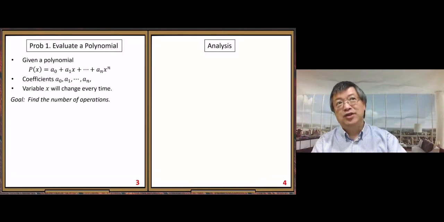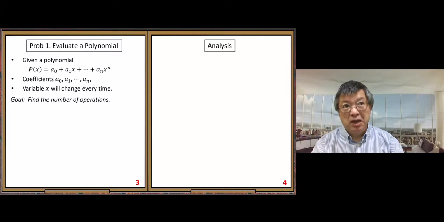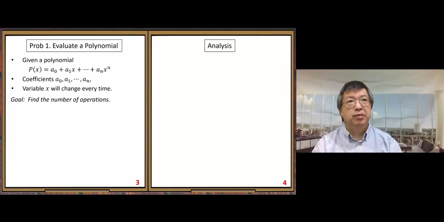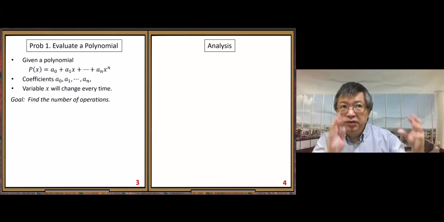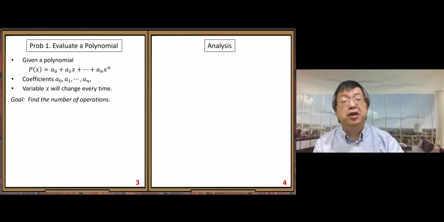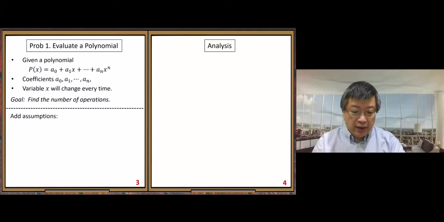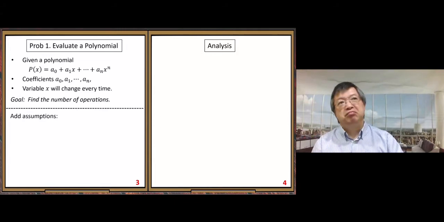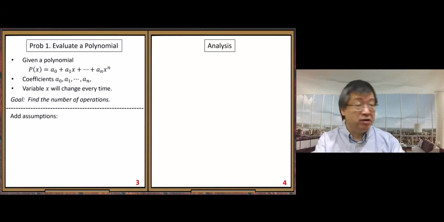So we need to do something to improve that kind of direct addition. We need to add some assumptions. How can you add assumptions? Let me give you the reason.